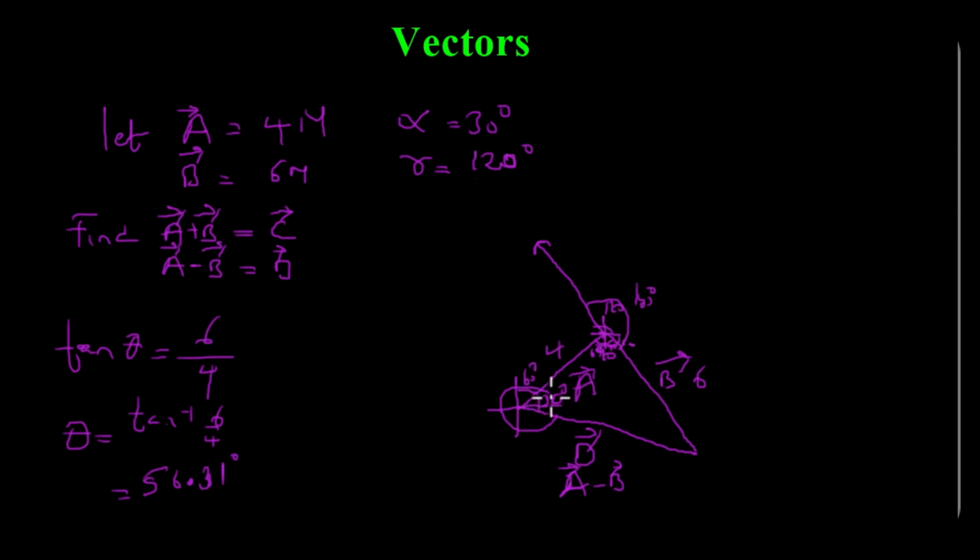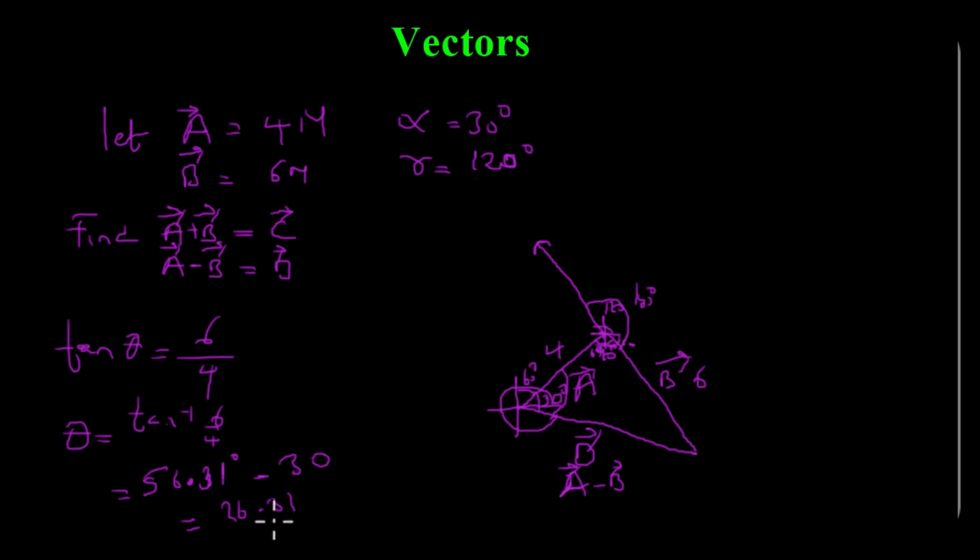So this is the total angle from this point here to this point. But since I know that from here to here is 30, the remaining one will simply be 56.31 minus 30, so that's 26.31.